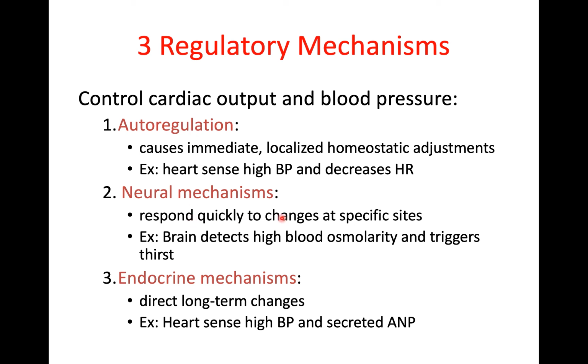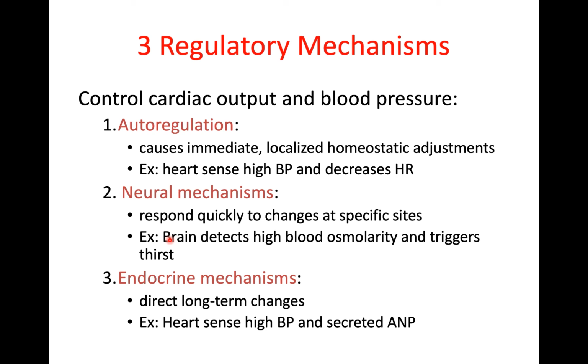The neural mechanisms, this is going to be a response in terms of the brain detecting any kind of changes in blood osmolarity. So the heart will respond to changes in blood osmolarity, and those changes are detected by the brain. So it's kind of cool. Inside of your brain, you have chemoreceptors. Now, if you remember, chemoreceptors bind chemicals. Solutes are chemicals.